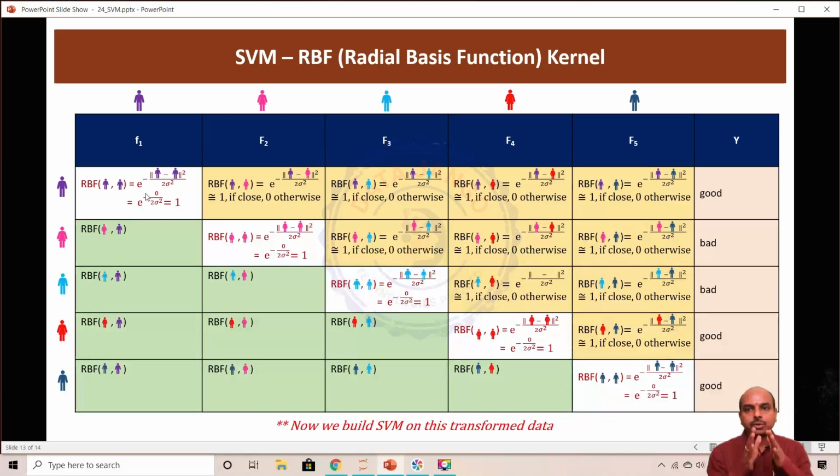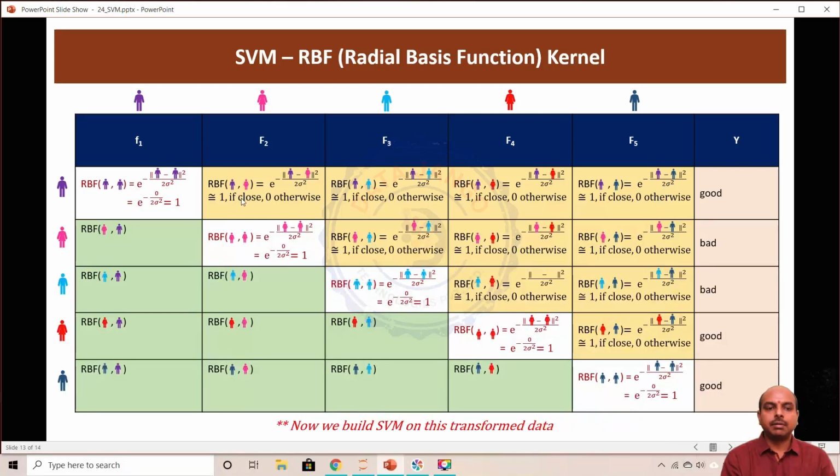So when you use the RBF kernel, when two data points are very close, you get 1. Or if the landmark and data point are the same, you get 1. That means if the data point and the landmark are close, you will get a number close to 1, maybe 0.9 or 0.99. And for the rest of the cells, it's going to be the landmark minus data point divided by 2 sigma square.